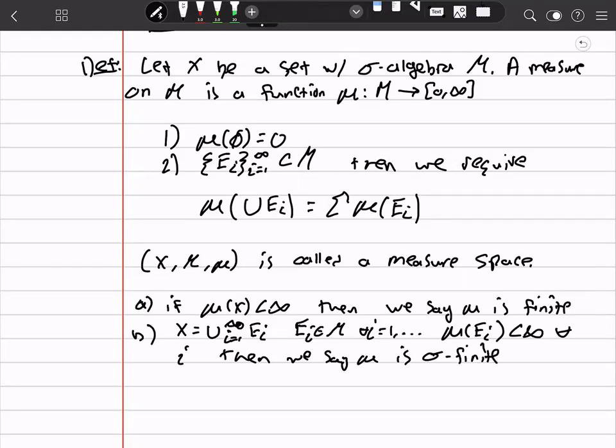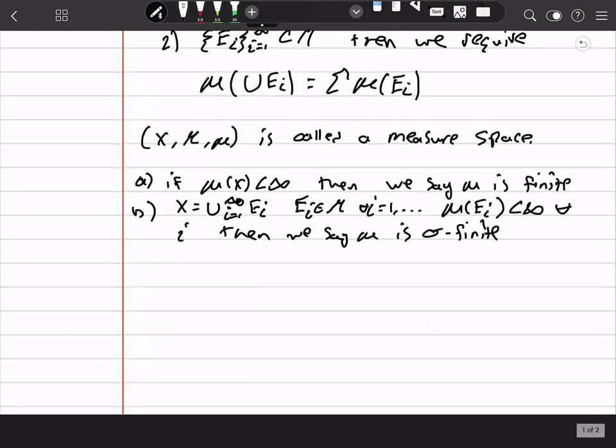This essentially just means that we can break our set X up into a countable union of parts that have finite measure. The space itself doesn't necessarily have finite measure, but each piece has finite measure, and this is actually useful for a number of theorems later on when we get to integration and stuff like that.